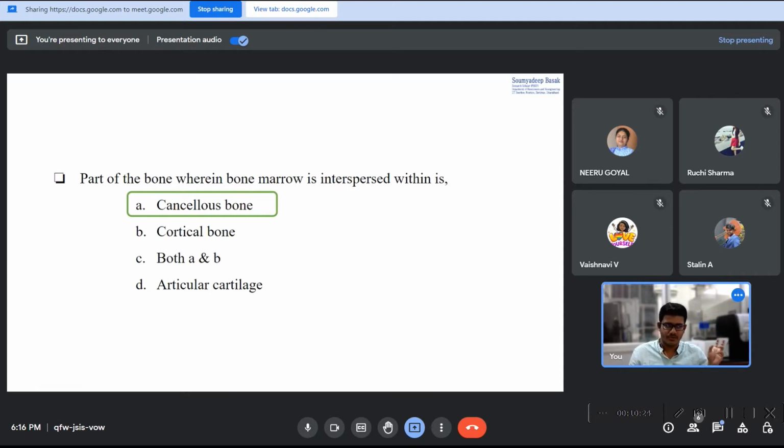Bone marrow is found in this cancellous bone. Cortical bone is the part where osteons, the osteal units, are found. So osteons are related to cortical bone. And when we are talking about where bone marrow is dispersed, we find that in cancellous bone.